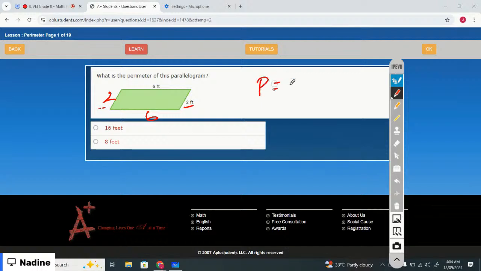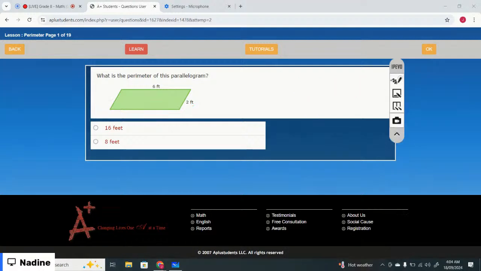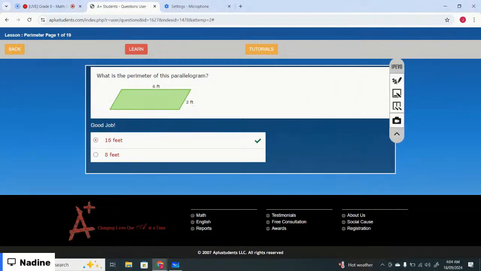So for the perimeter, just add 6 plus 6 plus 2 plus 2. 12, 13, 14, 15, 16 it is. So the perimeter is 16 feet. So option number 1 is the correct option, right?